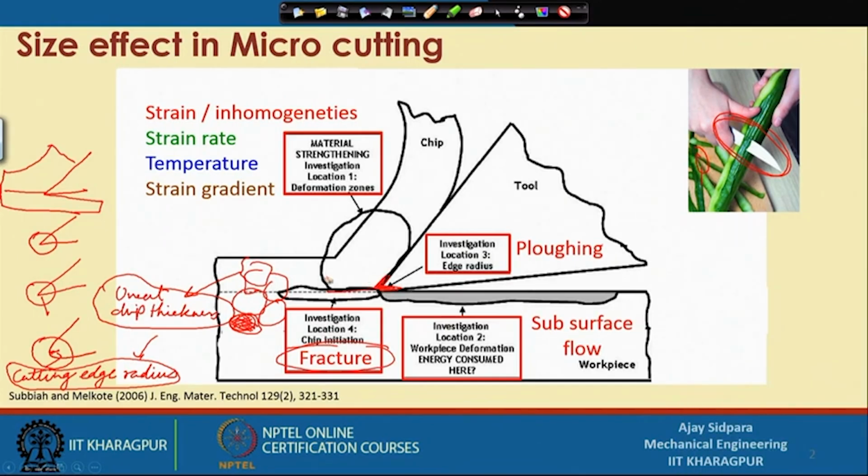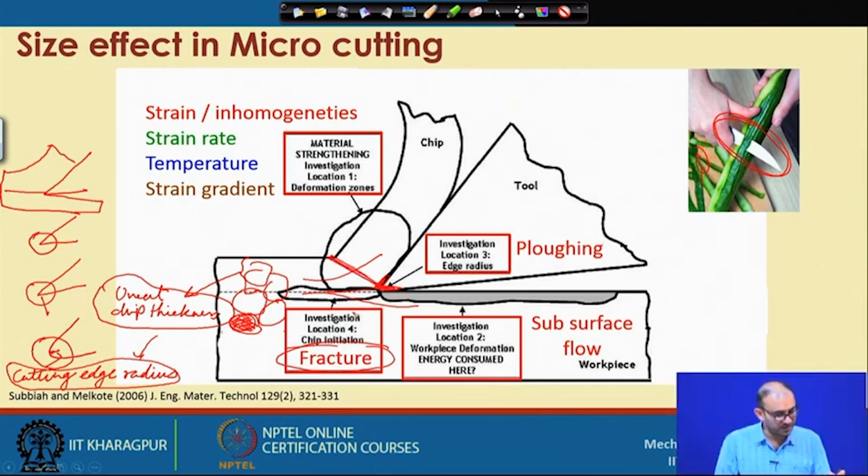If it is a ductile material, you will get a different type of mechanism: plowing, chip removal, shear deformation, or plastic flow from this particular part. So, these are the 4 different investigation locations where we have to understand how these things are different from conventional machining processes.